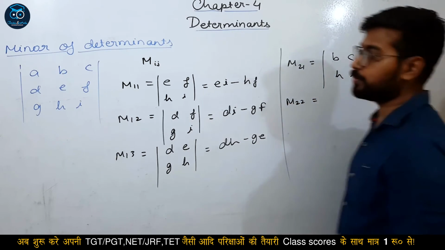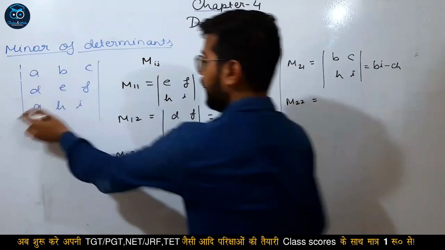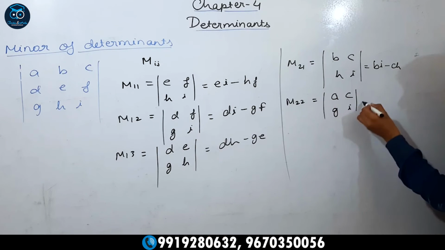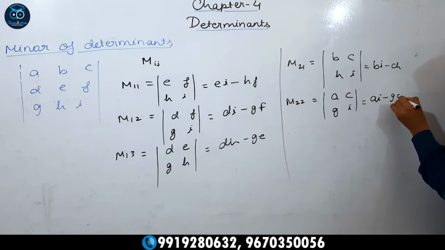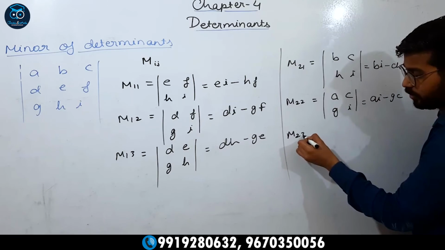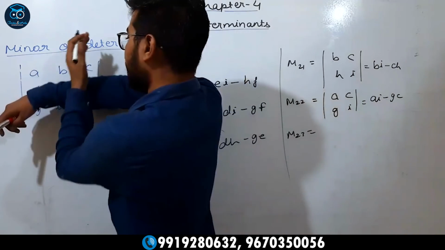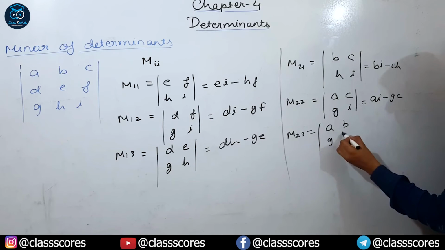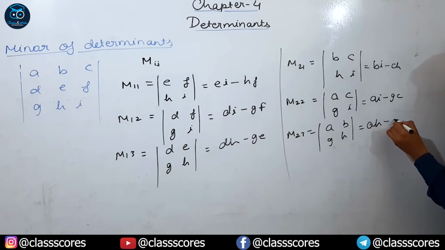M22, second row, second column, A, C, G, I. That is AI minus GC. M23, second row, third column, A, B, G, H. AH minus GB.